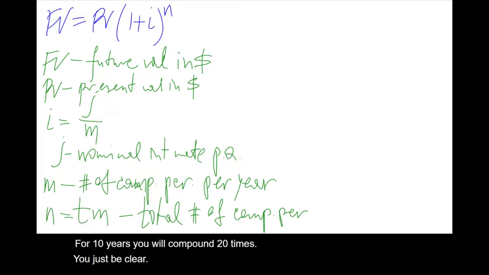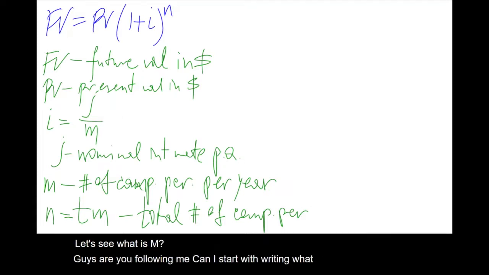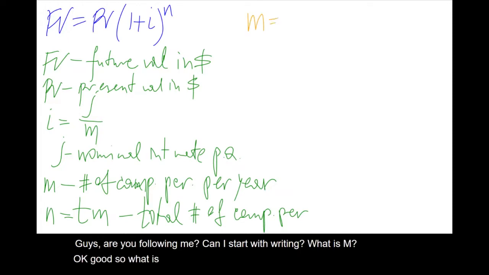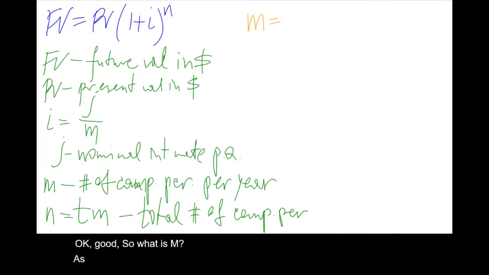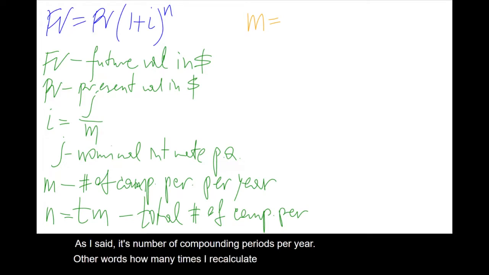Now let's see what m is. Guys, are you following me? Can I start with writing what m is? Okay, good. So what is m? As I said, it's the number of compounding periods per year. In other words, how many times I recalculate the interest.